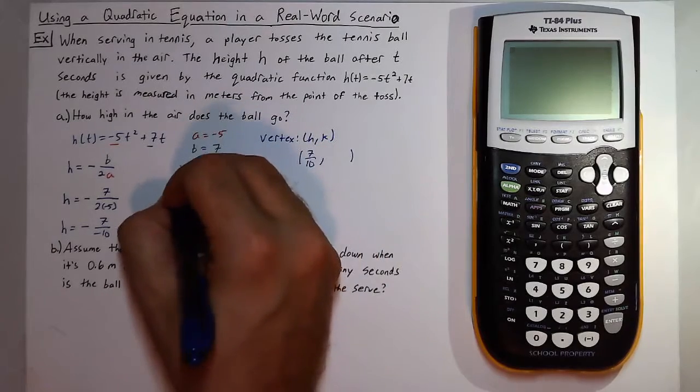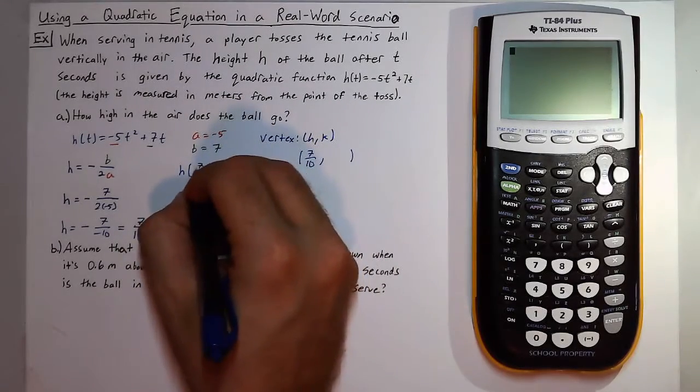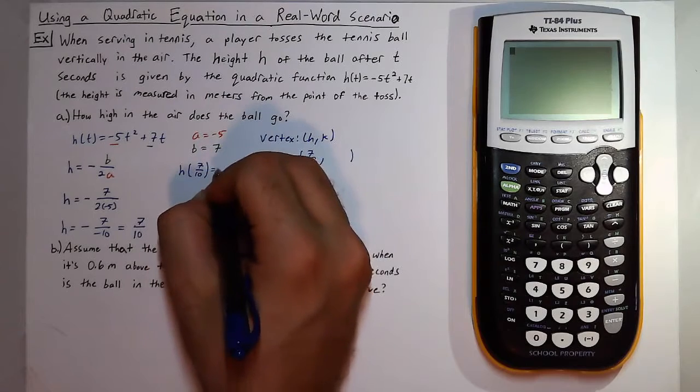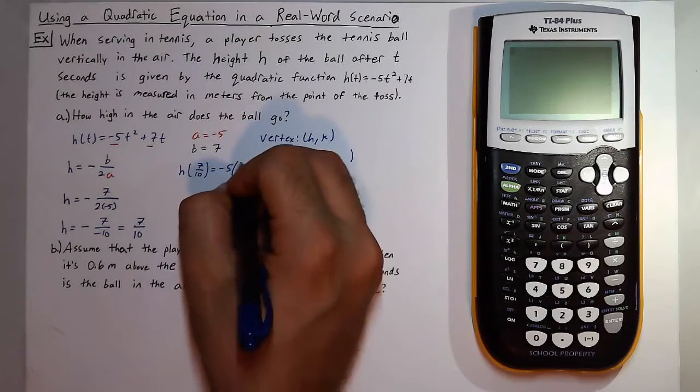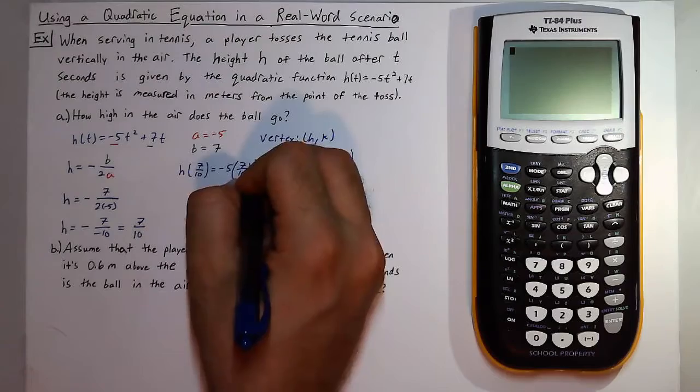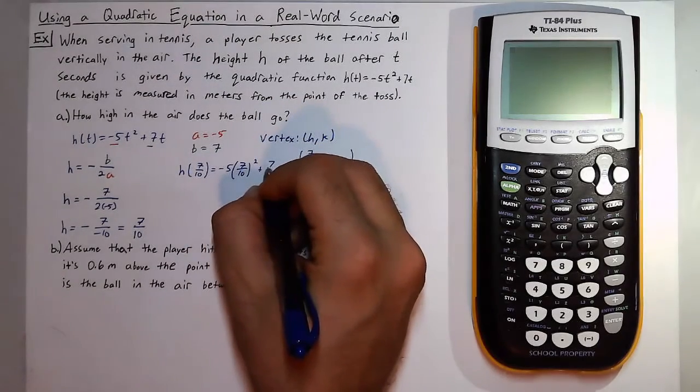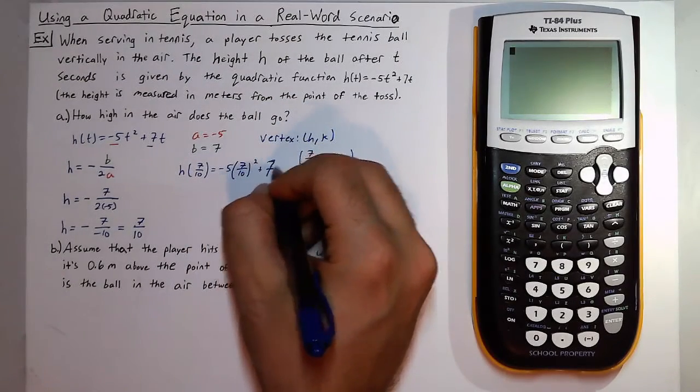So I'm looking for h of 7/10, which would be -5 times 7/10 squared plus 7 times 7/10.